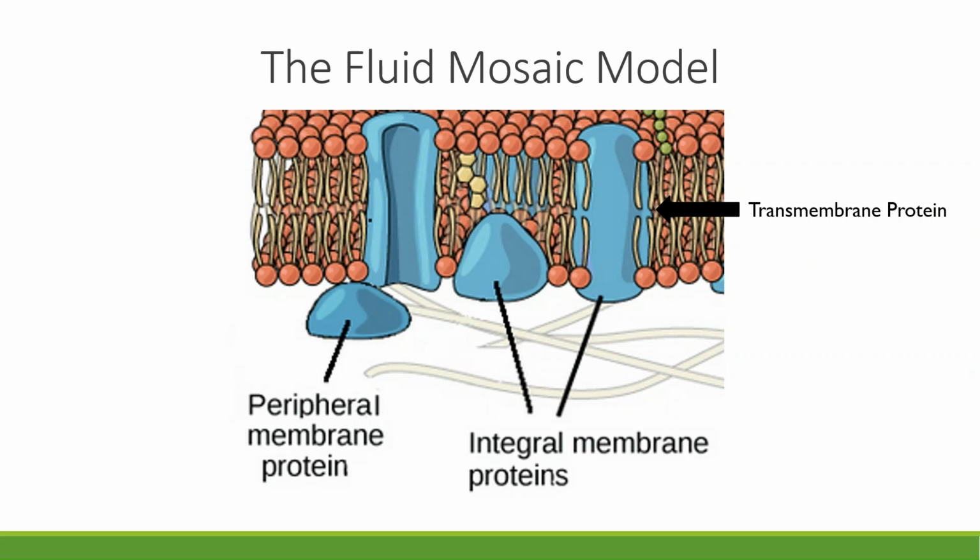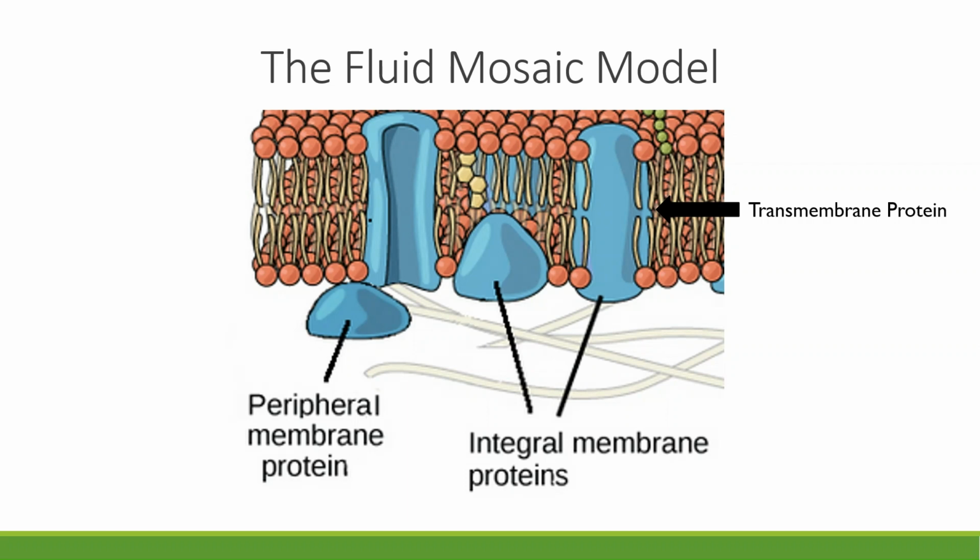These proteins play an important role in processes such as passing molecules along the membrane, which we'll discuss when we explore ATP synthesis and the electrochemical gradient in metabolism. On the other hand, integral membrane proteins are embedded within the membrane. These proteins can be further divided into 2 categories: those that are embedded on only one side of the phospholipid bilayer, and those that span across both layers of the bilayer, known as transmembrane proteins.